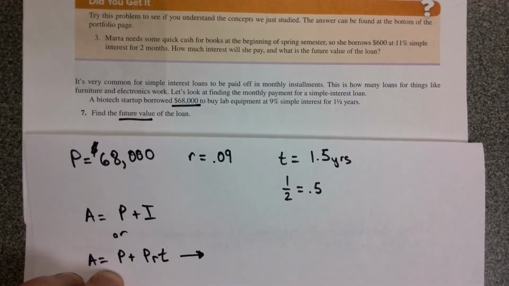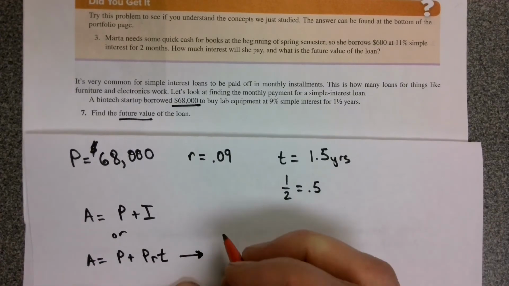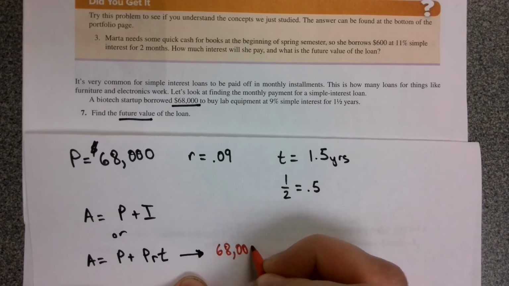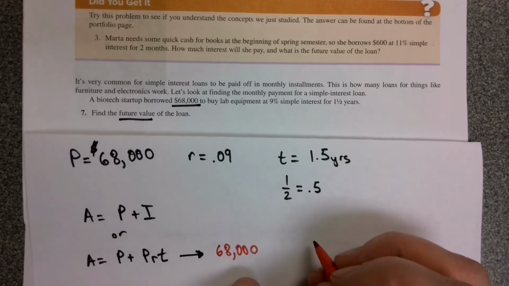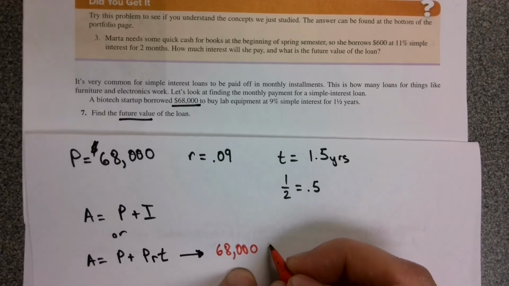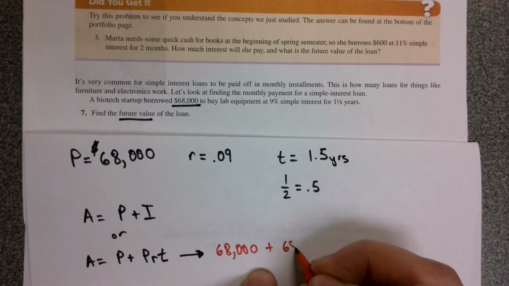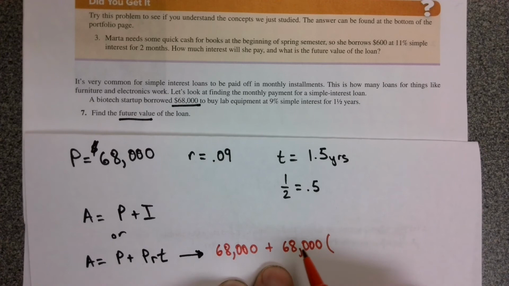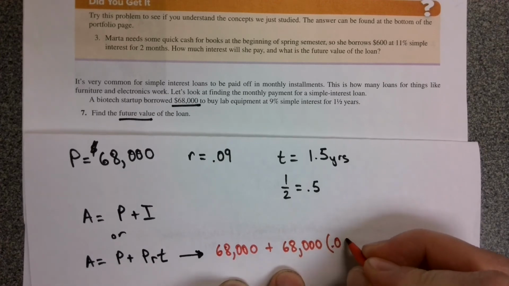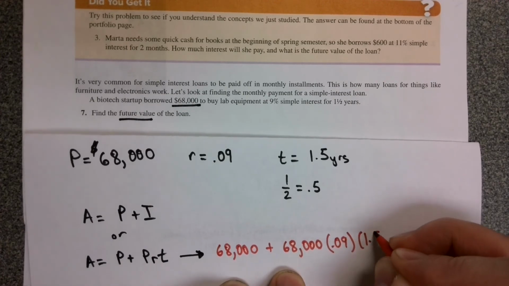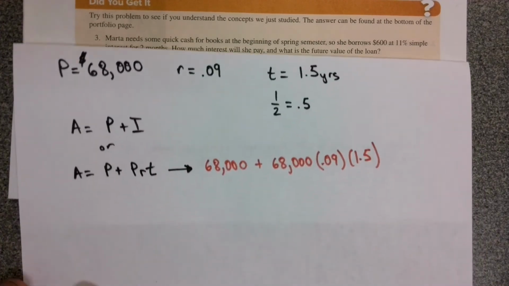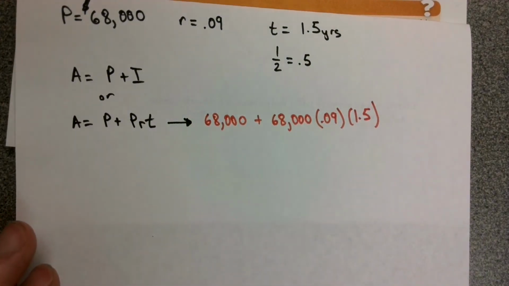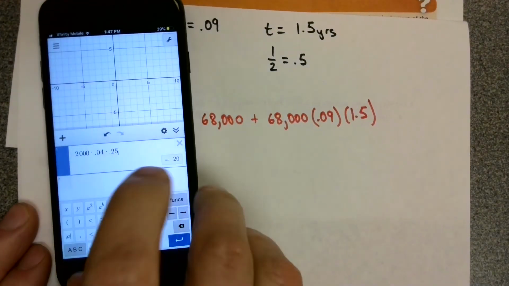So I'll write it down and then I'll toss it into Desmos. We've got that $68,000 that we're borrowing. So that's the initial amount we borrow, and we have to pay that full amount back. And then we're going to add to it the amount of interest we're going to be charged for access to this money. So that's the $68,000 times the 0.09 times the 1.5. We'll just smash this whole thing right into Desmos, and we'll get our answer.